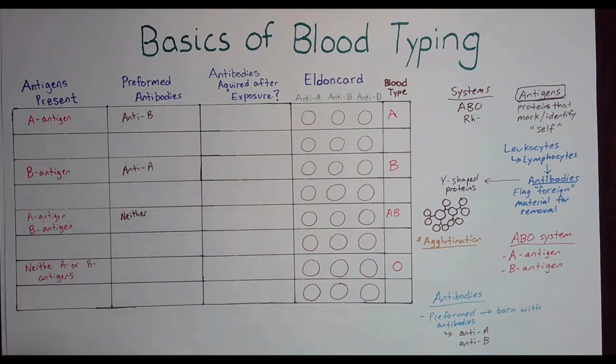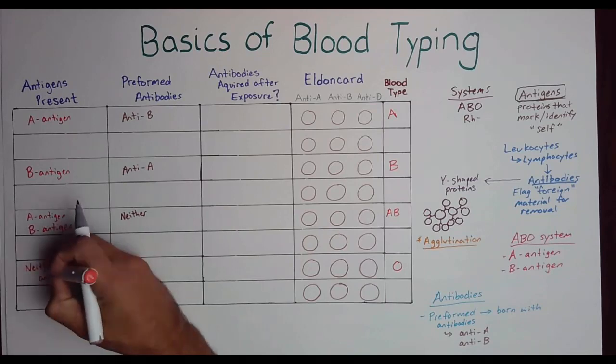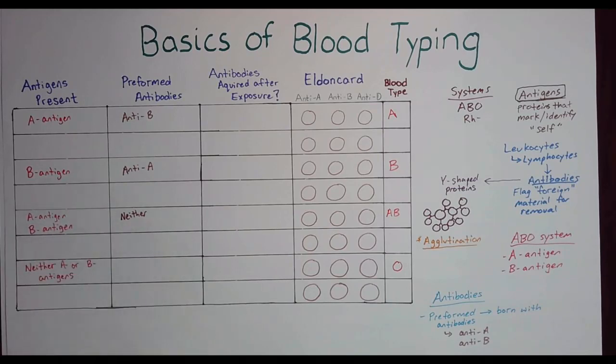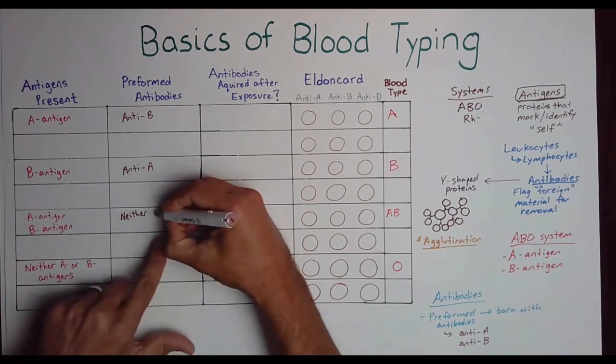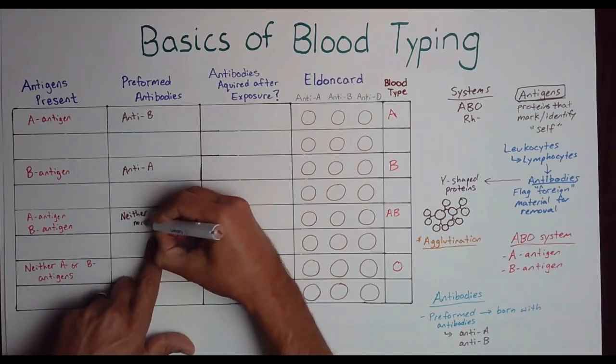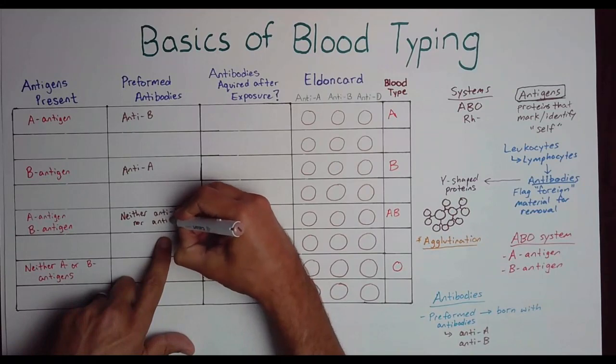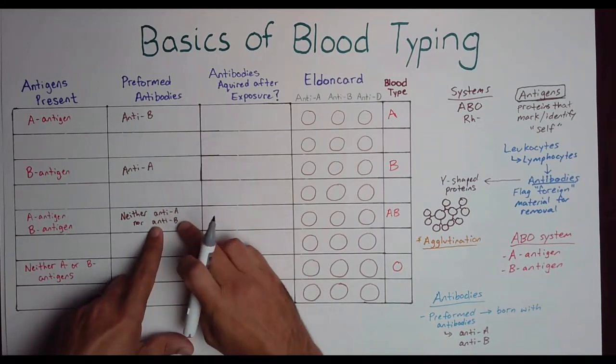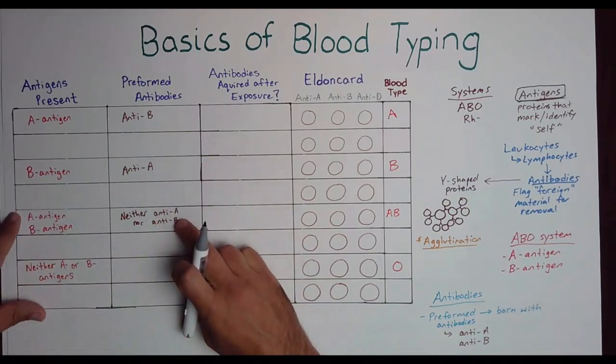I never finished writing. An R down here. That's funny. They have neither an anti-A, nor an anti-B. Because if they did, then those antibodies would attack their antigens.